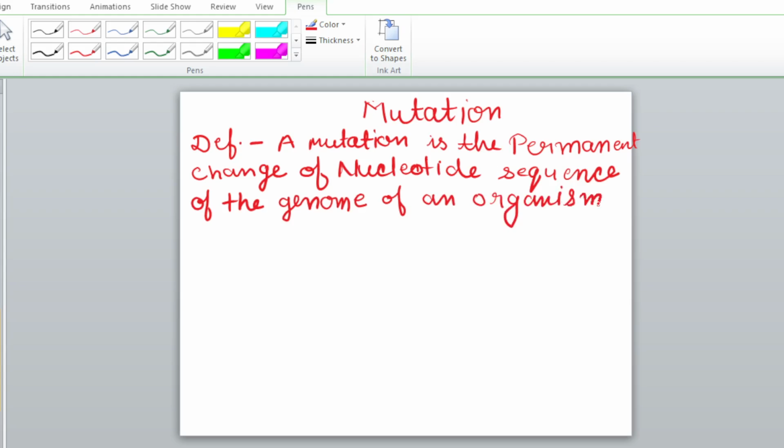So basically, mutation is the permanent change of nucleotide sequence of the genome of an organism.